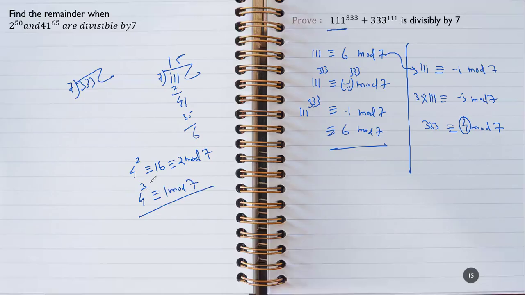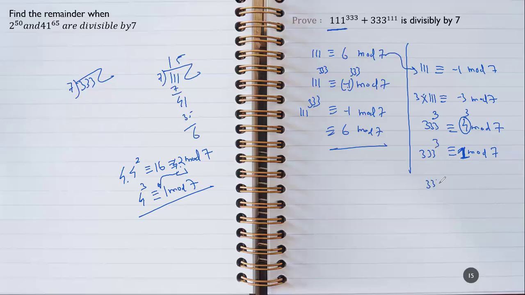Because if I multiply 4 here again, then I need to multiply 4 again. 4 to the power 3 gives me 1 mod 7. So I can say that if I raise this to the power 3, then I will get 1 mod 7. So 3333 to the power 3 is 1 mod 7.